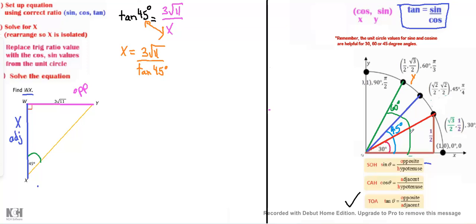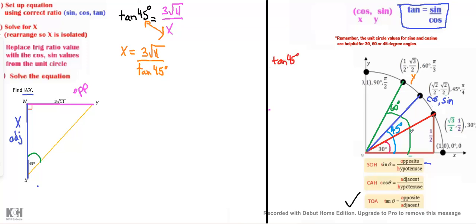But we only have cosine and sine. So if we're dealing with tangent, we have to replace the tangent value with a sine over a cosine. So I'm actually going to do that over here, off to the side.